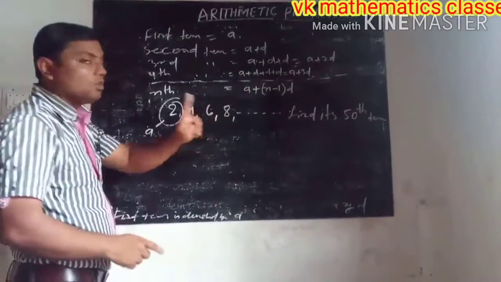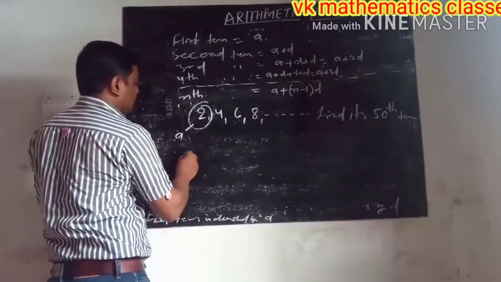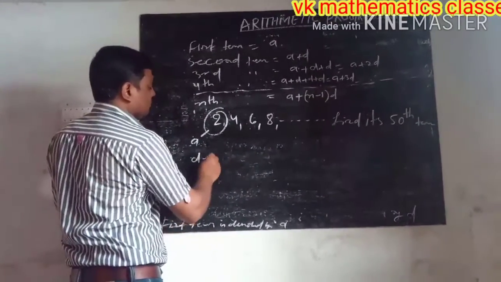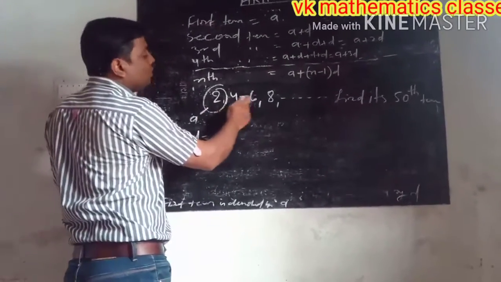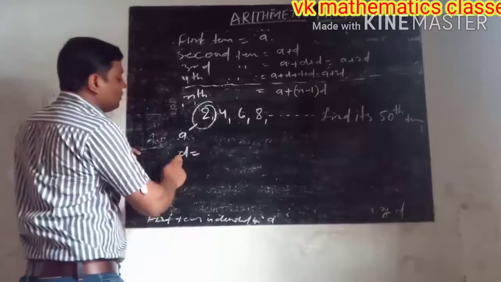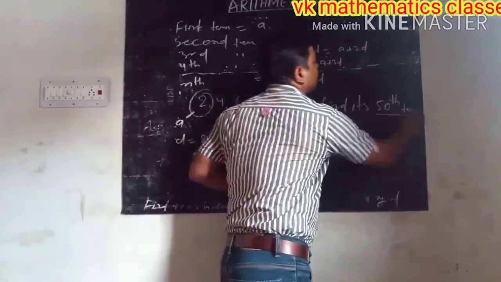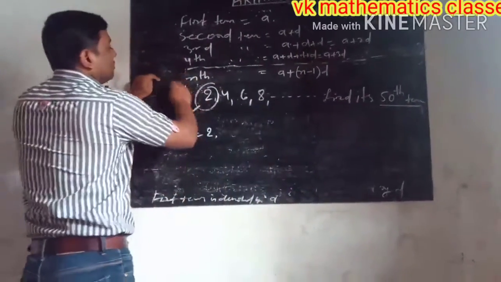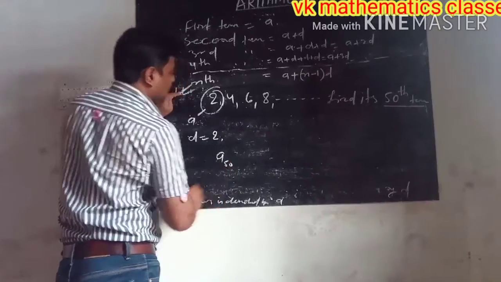Each difference is a constant. So d is equal to 4 minus 2 is 2, 6 minus 4 also 2, 8 minus 6 also 2, so d is equal to 2. Now for the 50th term, this is the formula we use, a50.